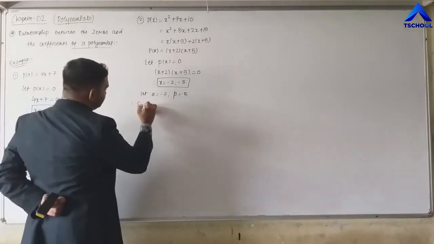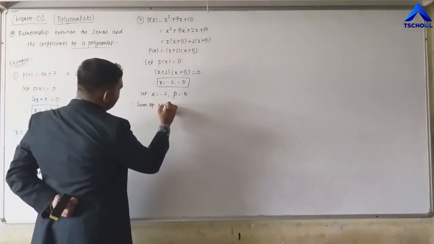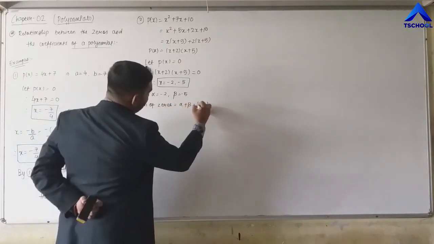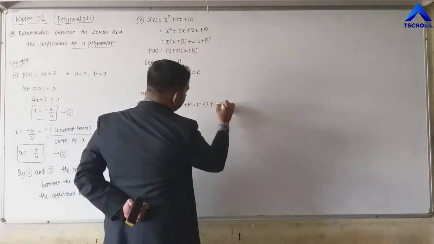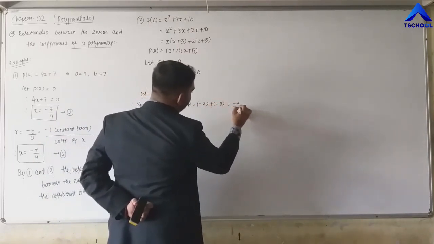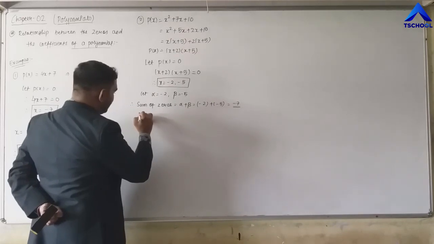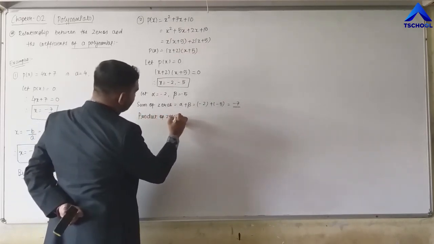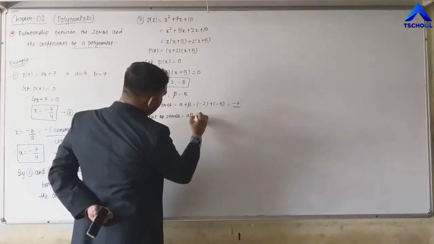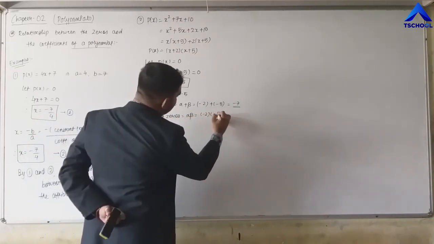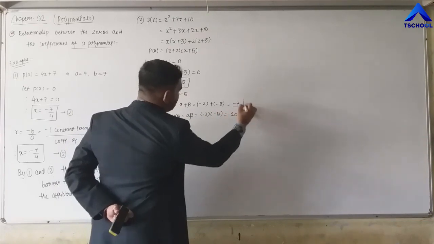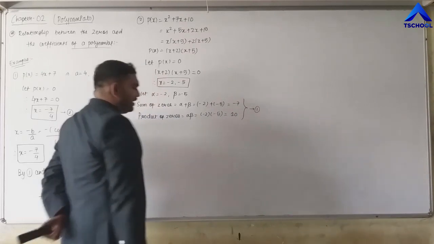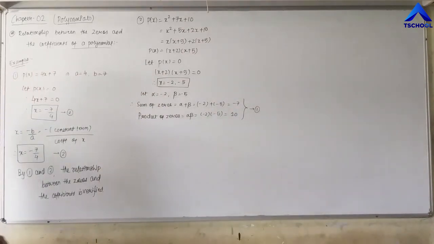Therefore, the sum of zeros, that is alpha plus beta, is minus 2 plus minus 5, which equals minus 7, and the product of zeros equals alpha into beta, that is minus 2 into minus 5, which equals 10. We shall take both of these values as equations number 1.